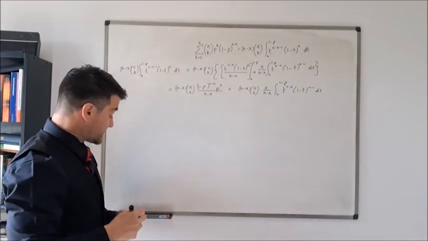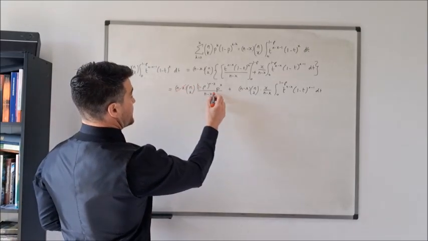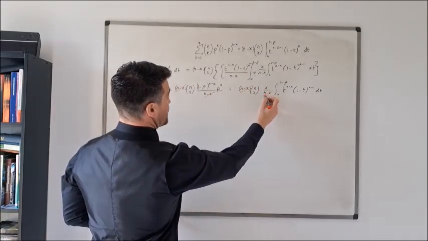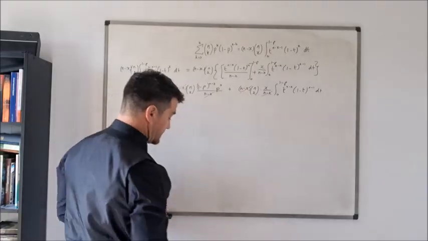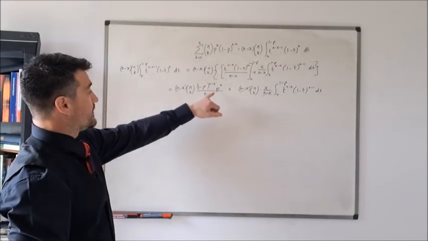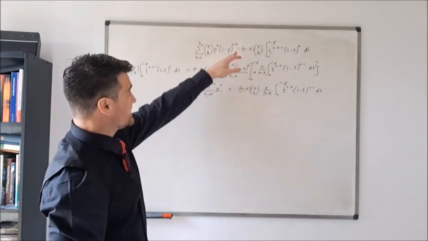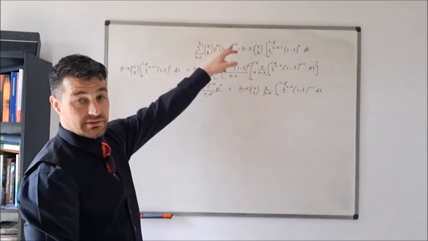Now here's something that's really useful. That cancels with that, and that cancels with that. So what I end up with here is just n choose x, p to the power of x, 1 minus p to the power of n minus x, which is exactly the right form for what I've got here.